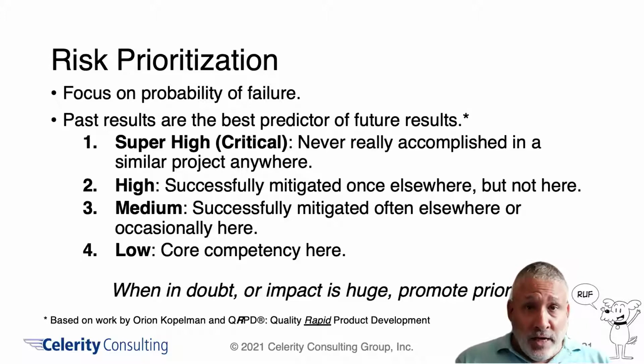Again, the things that empirically screw projects up are not the things the team is the most obsessed with. They are the items and the areas the team had the least experience with. So when a risk comes in, or if you're identifying a risk, ask these questions. A super high risk is something that no one's ever done.